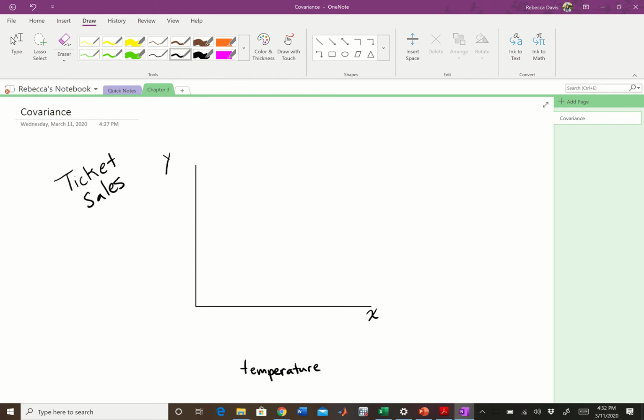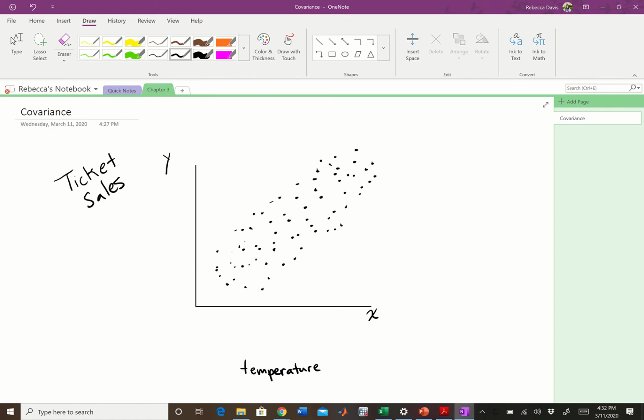Okay, so say our raw data looks like the following, and I'm going to draw a bunch of dots, so just bear with me for a hot second. Okay, so say this is what your raw data looks like.